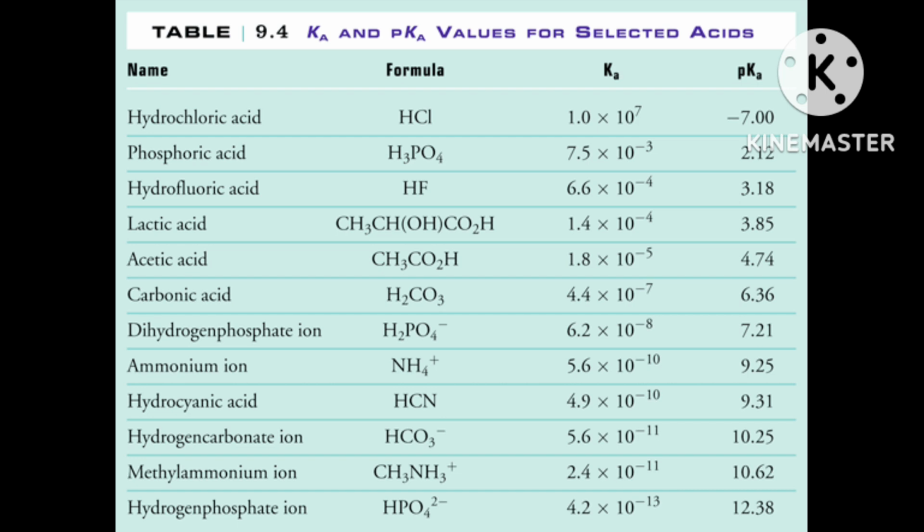The x value, OH⁻ concentration and H⁺ concentration in water, both will be equal. So the OH⁻ concentration x is equal to 9.5 into 10 to the power minus 8.